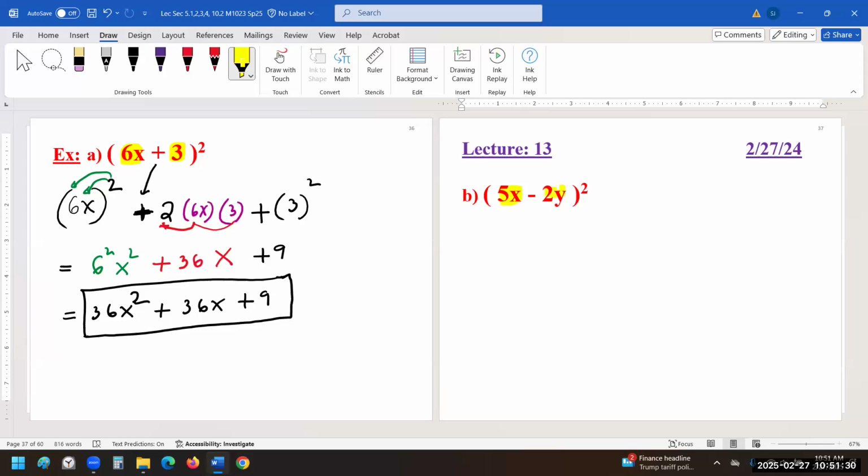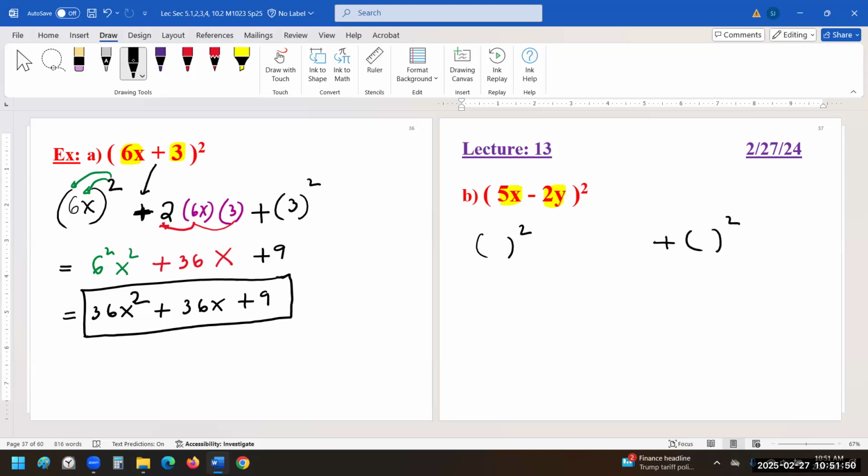Sorry, we have 5x and 2y, and you have a square. Unfortunately, we don't have any exponent rules when you have plus or minus between two terms. So what we do, we take the two terms and we square them.